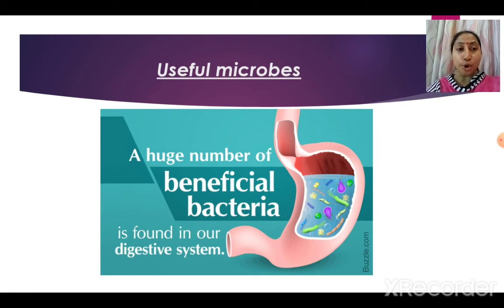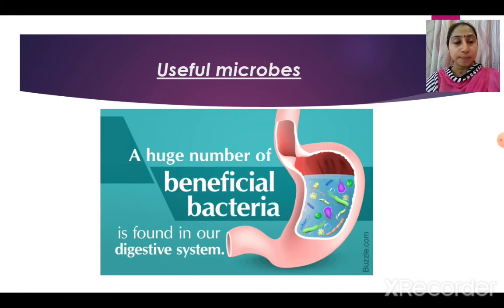It helps to rot or decay the dead plants and animals and turn them into manure. When animals die or when plants die, they mix up with the soil, isn't it? Because of the bacteria, they make the soil fertile, full of humus. And who does it? Bacteria. So it's a natural process. All these are the good bacteria, useful microbes, right?